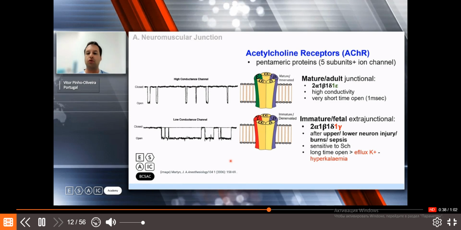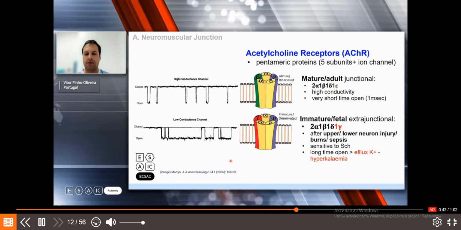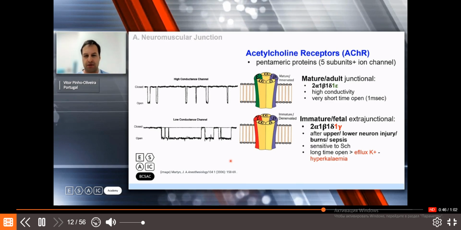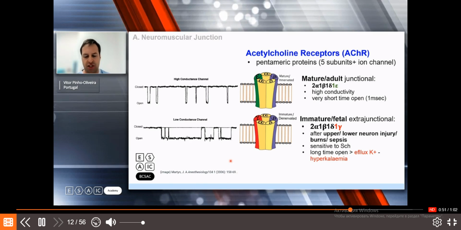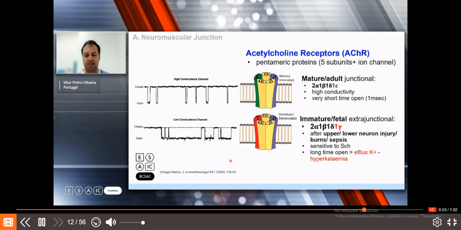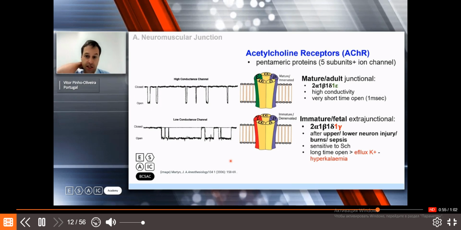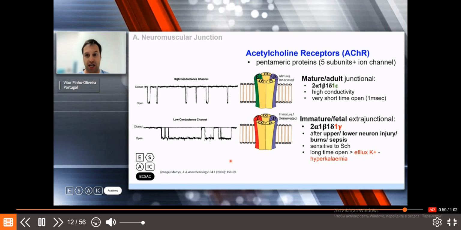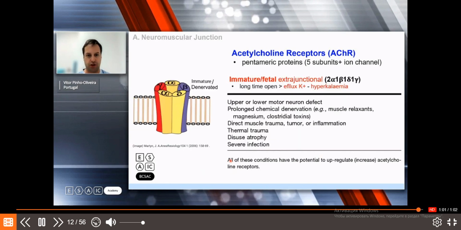So they promote an efflux of potassium, and this is the physiological cause of why we have cases of hyperkalemia in these clinical situations, burns and major crush, major trauma, because of this type of induced immature extrajunctional fetal acetylcholine receptors.